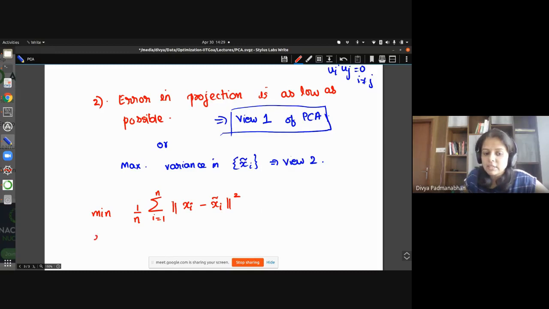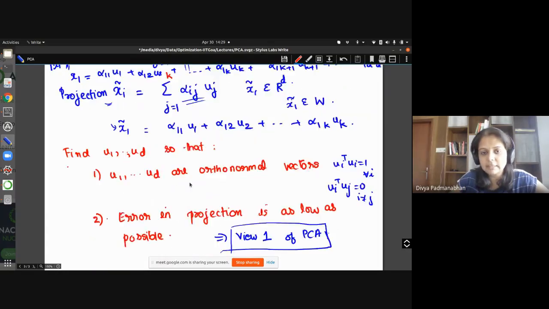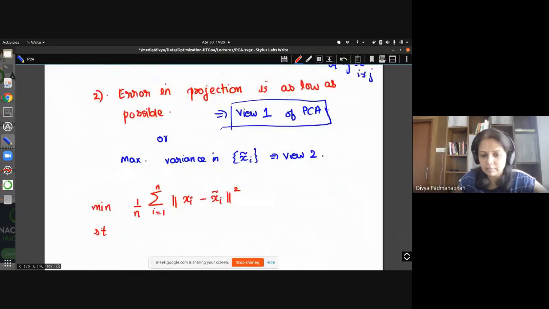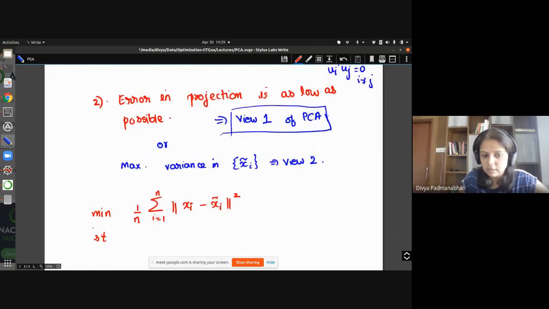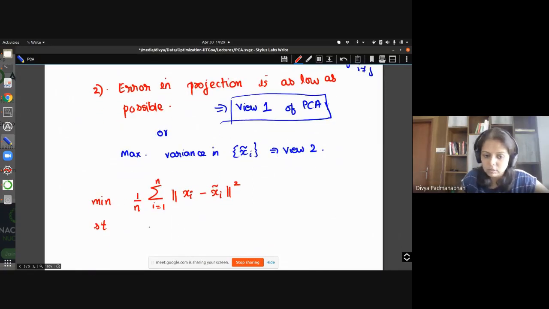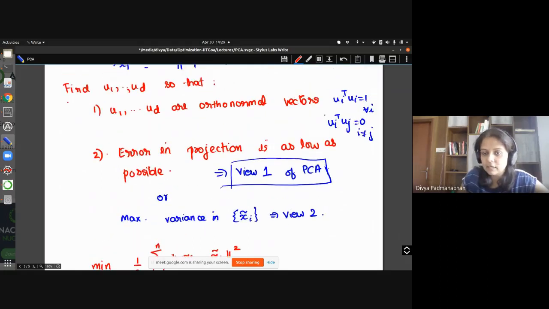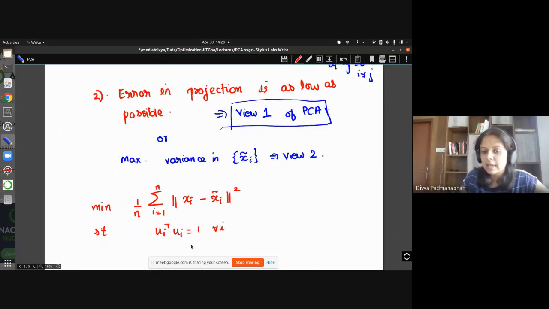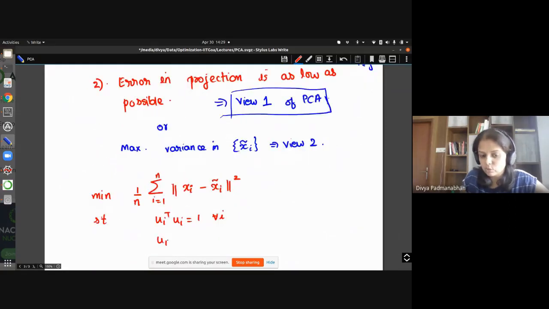Subject to, remember, xi is going to be in terms of u1, u2 up to ud. We are going to change this a little bit, and the problem is to find these vectors u1 to ud. The constraints are that these are orthonormal vectors: ui transpose ui is 1 for all i, and ui transpose uj is equal to 0 for all pairs i not equal to j.